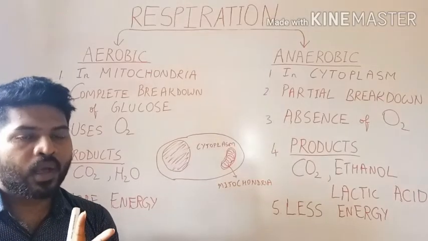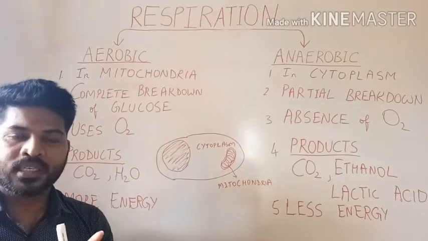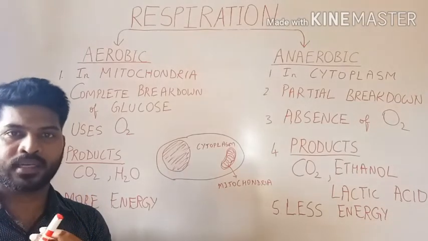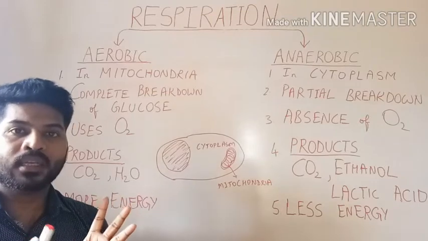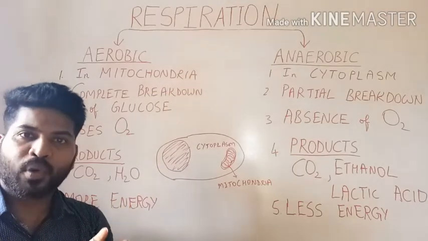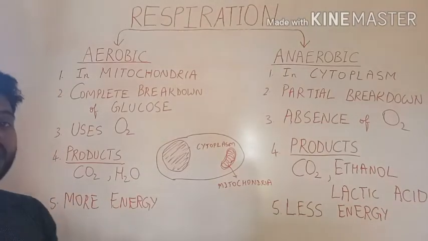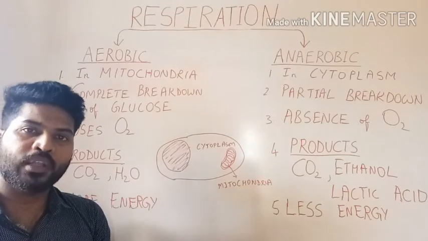What is being broken down here? That is your food. Essentially, it is the carbohydrate, proteins and fats. Carbohydrate is the most energy rich source. So, carbohydrate is being broken down. That is basically glucose. It is the simplest sugar molecule.